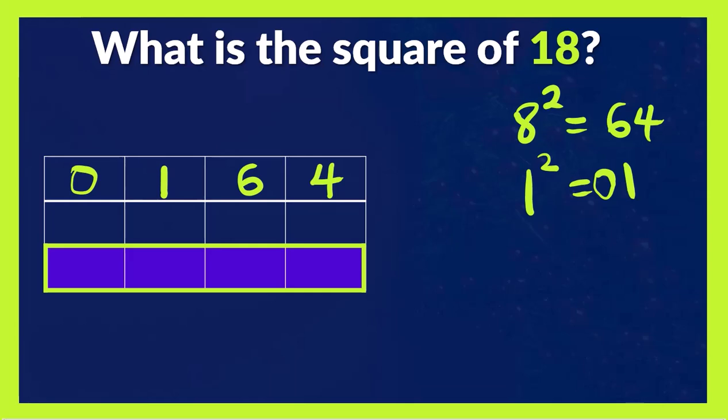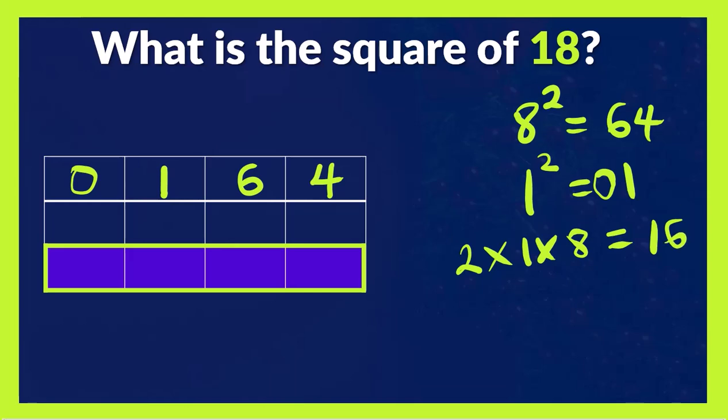So the third step is to take the first and the last digit and multiply by 2. Okay, so this is what we're doing. 2 is going to multiply the first digit and the last digit. Okay, so 2 times 1, that is 2. 2 times 8, that is 16.